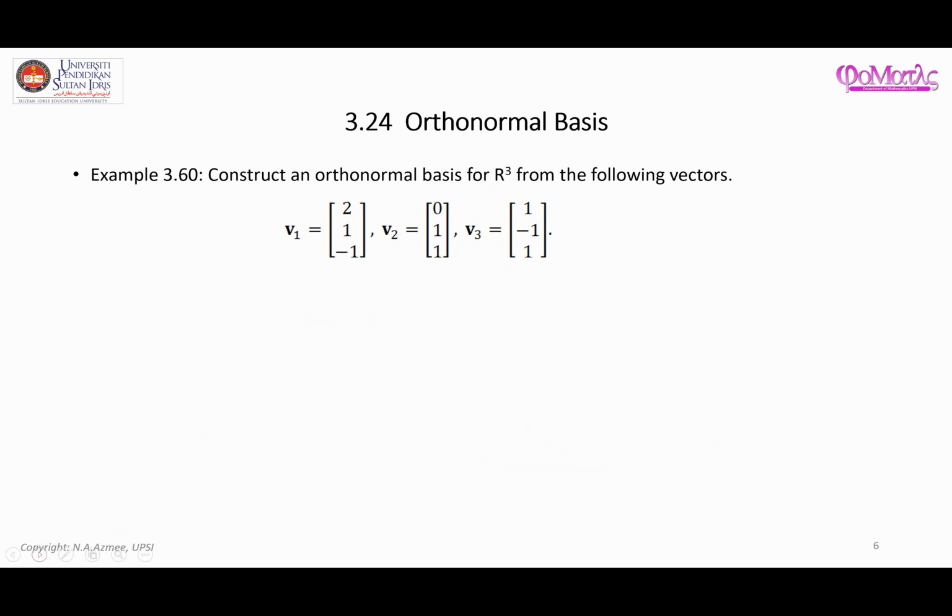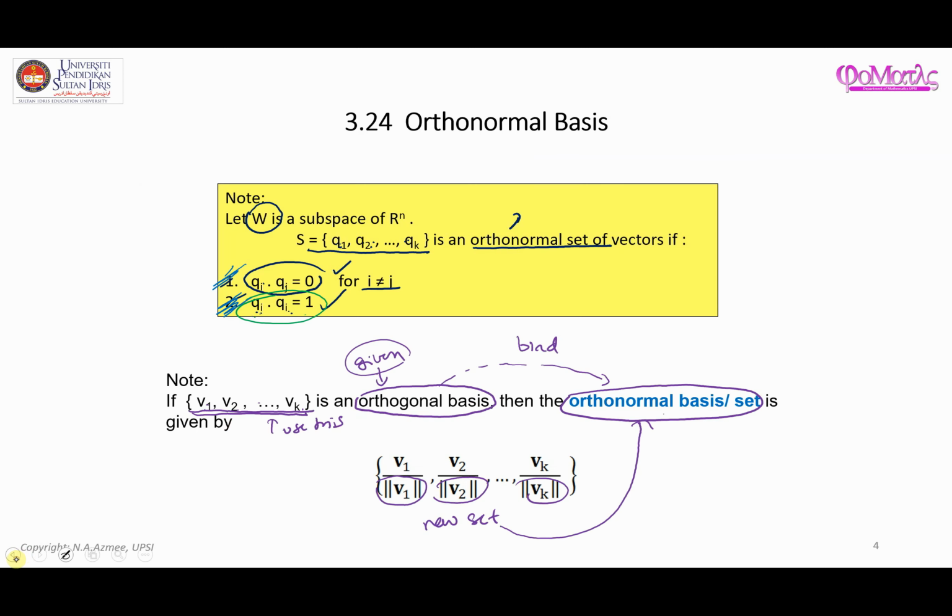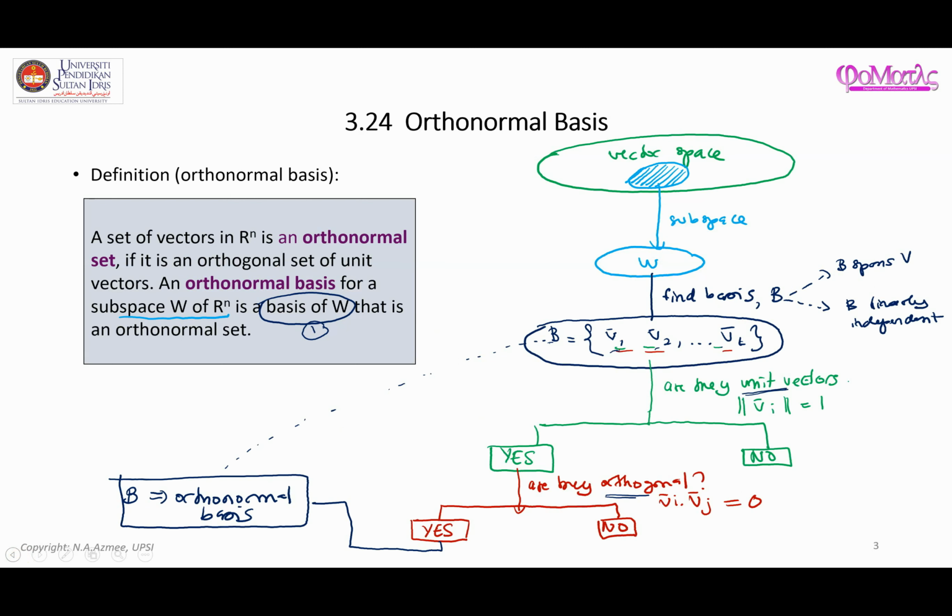Now in this question, it is asking you to construct an orthonormal basis for this vector space here. So we've got these following vectors. If you want to construct the orthonormal basis, you should follow this procedure given here.